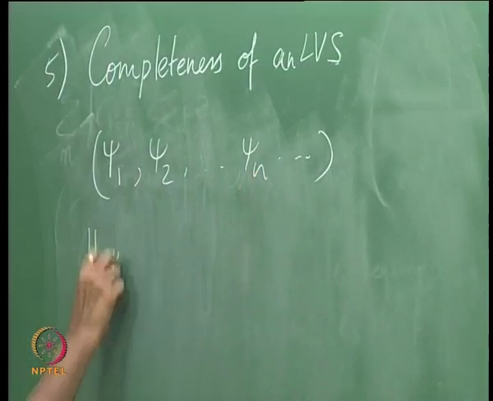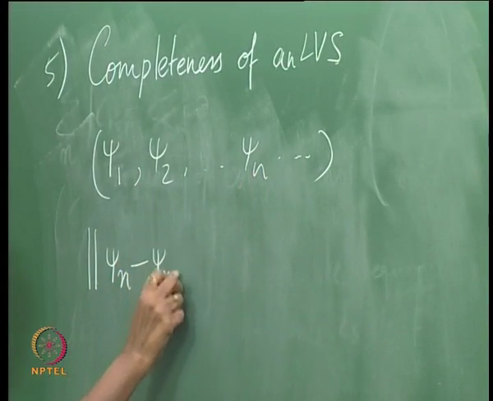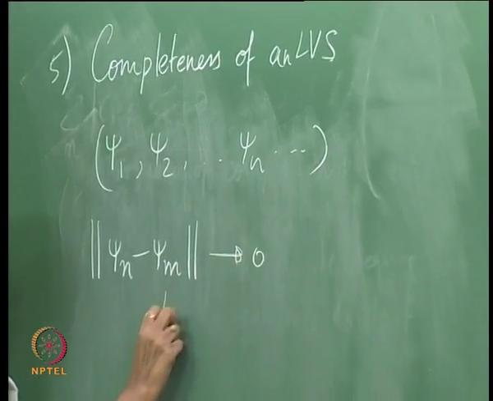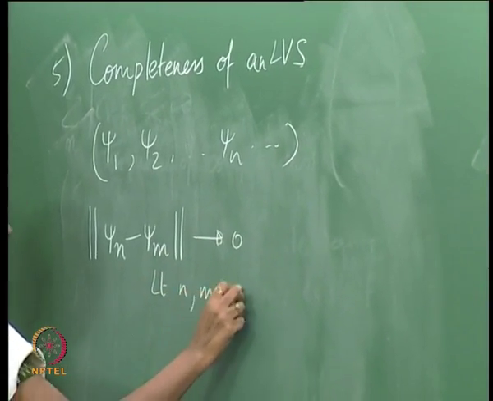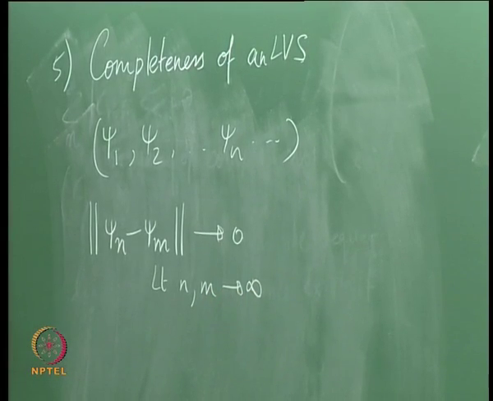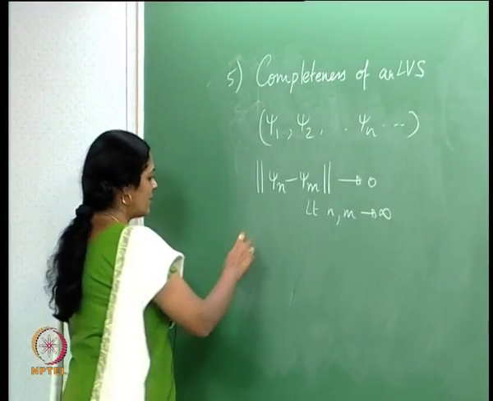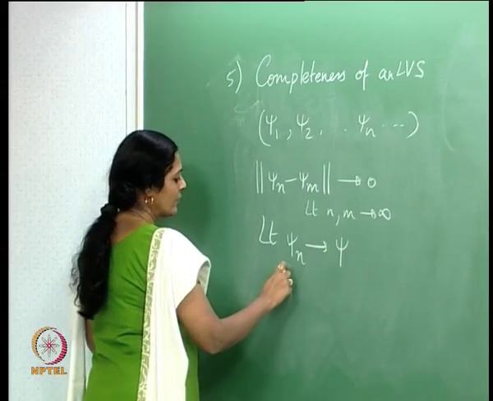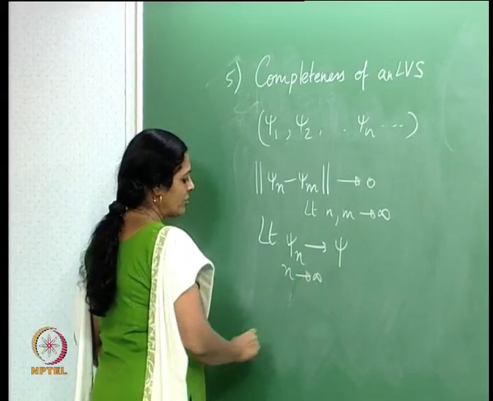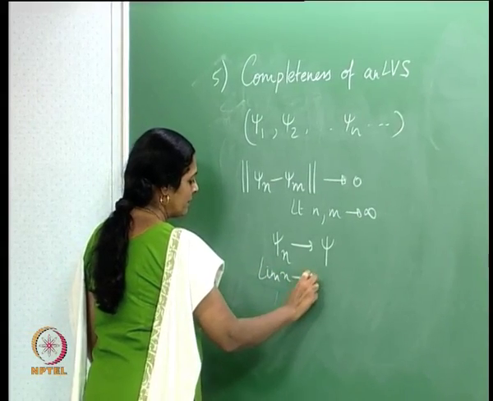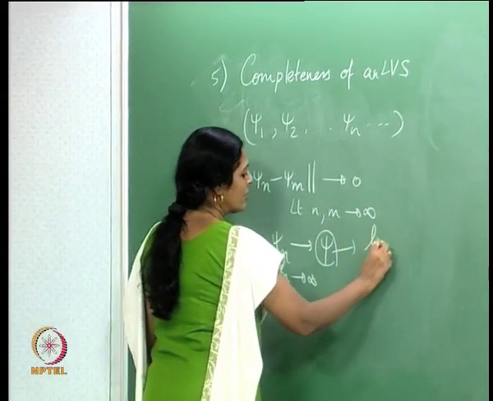You replace the modulus by the norm of psi-n minus psi-m, and if that goes to 0 in the limit n, m going to infinity, then you are guaranteed that psi-n goes to psi in the limit n goes to infinity, and psi is the limit vector.